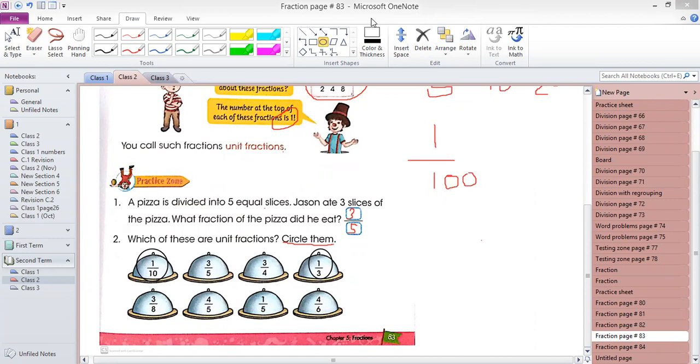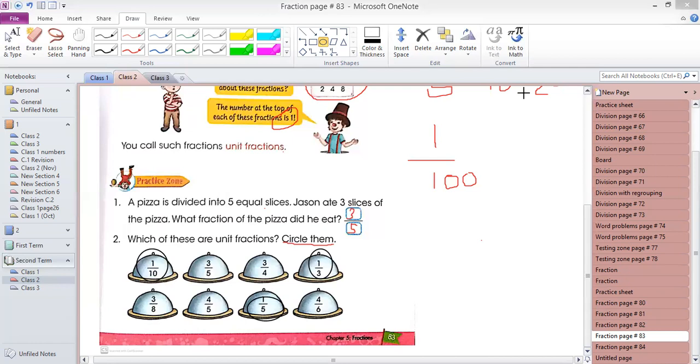1 over 5. Is 1 over 5 a unit fraction? Yes. Draw a circle around 1 over 5.